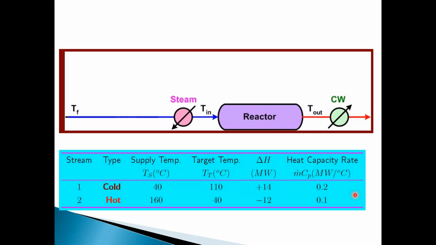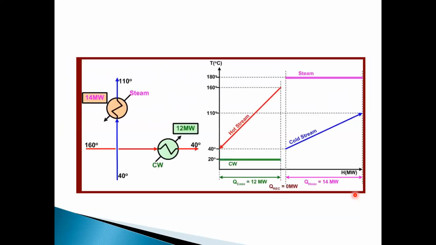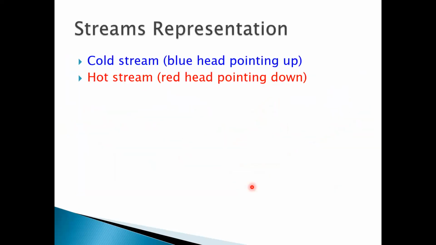Then after that, we plot them on the TH diagram. So the current situation is that the hot stream is cooled from 160 to 40, while the cold stream is heated from 40 to 110. The hot stream is currently cooled entirely by cooling water with a duty of 12 megawatts.